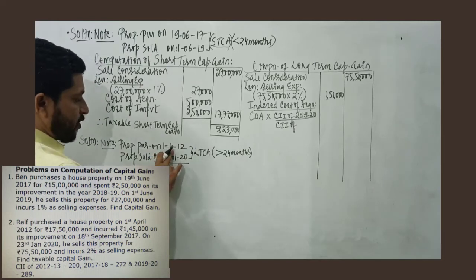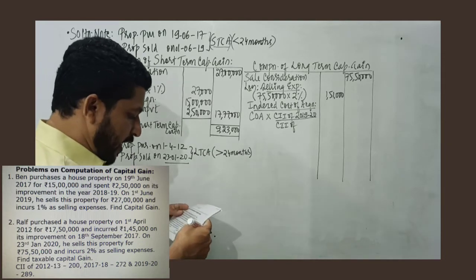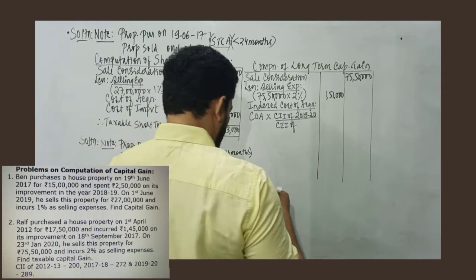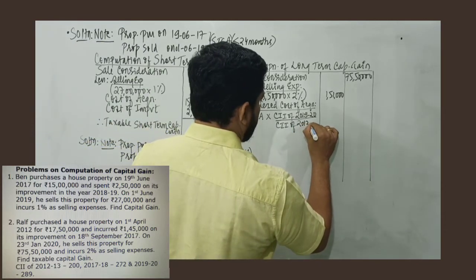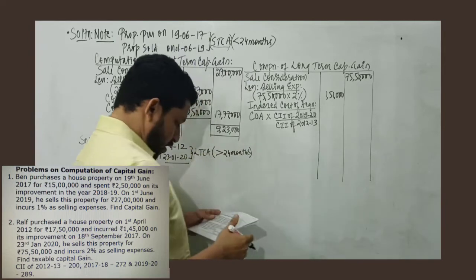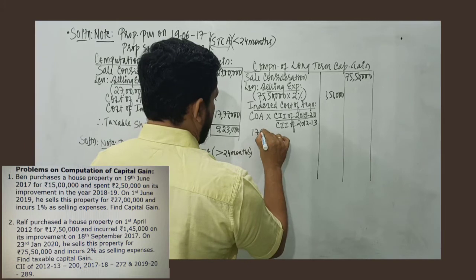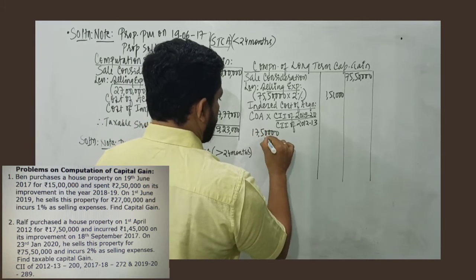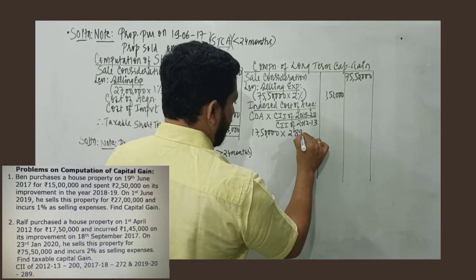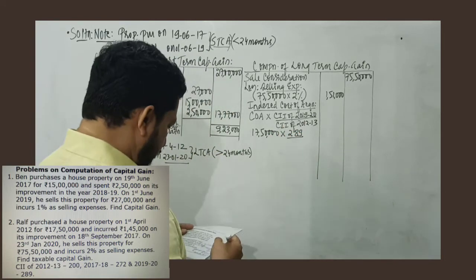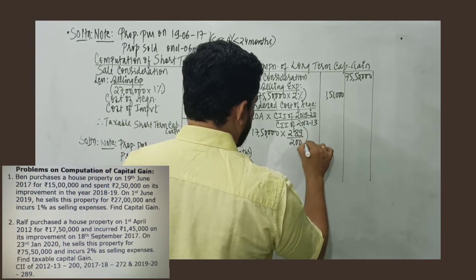This property was purchased on 1st of April 2012, and on 1st of April 2012 the CII will be 1213, previous year 1213. Now cost of acquisition is, he purchased the house property for 17,50,000. So 17,50,000 into CII of 1920, as given in the problem, is 289, divided by CII of 1213, which is 200.